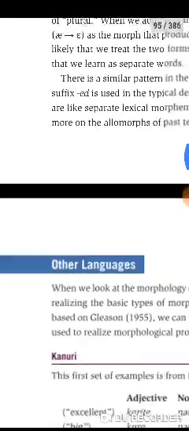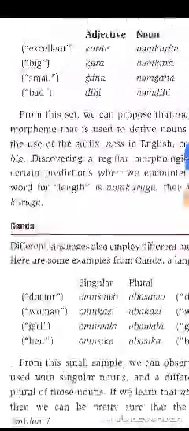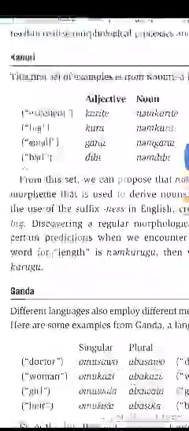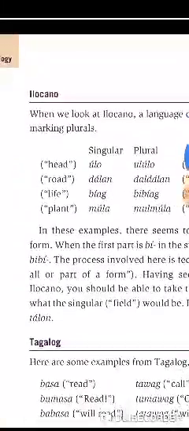Now the next page talks about other languages. Because you are Arab students, I want to share with you something that your own language has got. Maybe it is not good for you to go to the language Kanuri, the language Ganda spoken in Uganda, and the languages Ilocano and Tagalog.